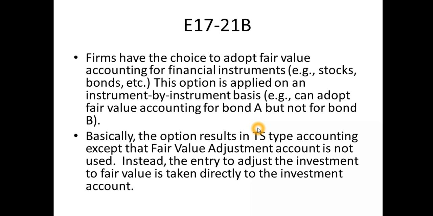So for example, if the company has 2 bond issuances outstanding, they can choose to report one of those bond issuances at fair market value and the other bond issuance at amortized cost. Or if the company has 2 stocks, they could choose to report one of the stocks at fair market value and the other stock under the normal available for sale or trading security type rules.